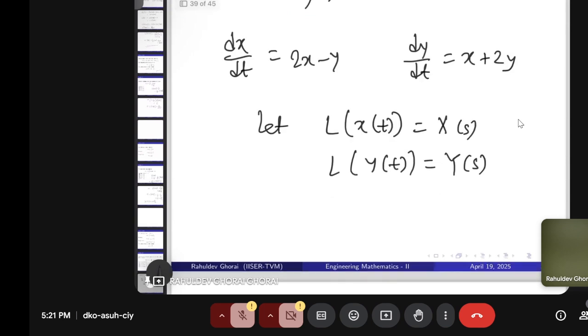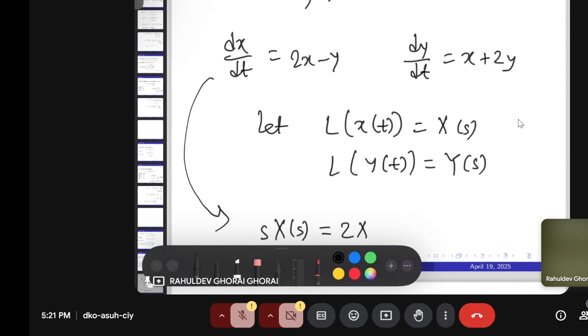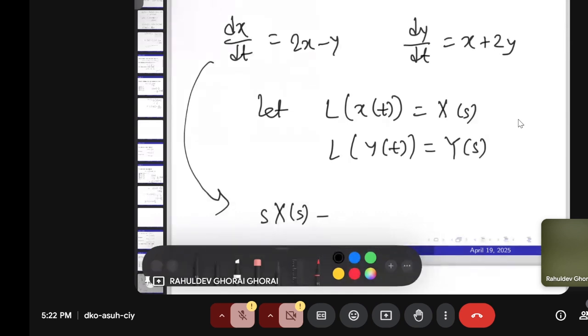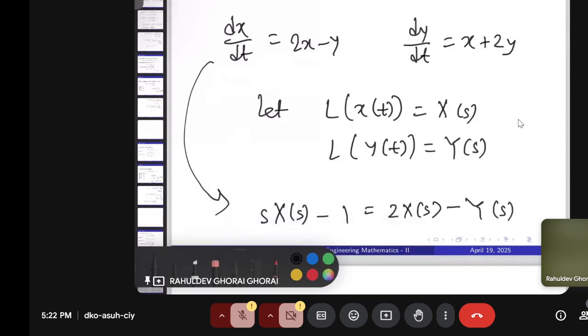Then if you take Laplace transformation here, that will be s times X(s) minus x(0), which is 1, equal to 2 times X(s) minus Y(s).